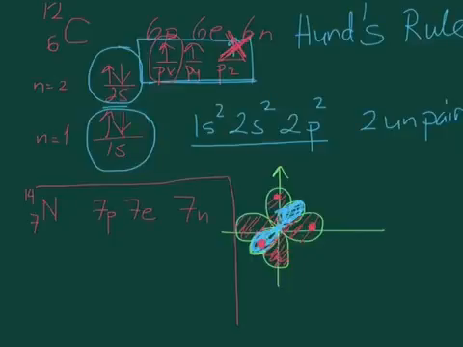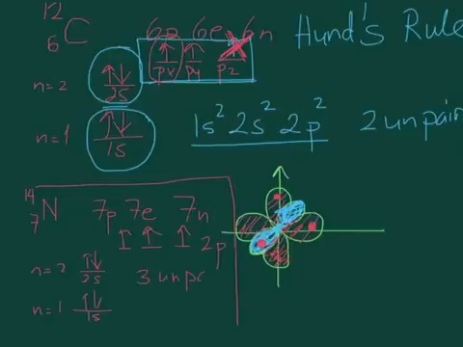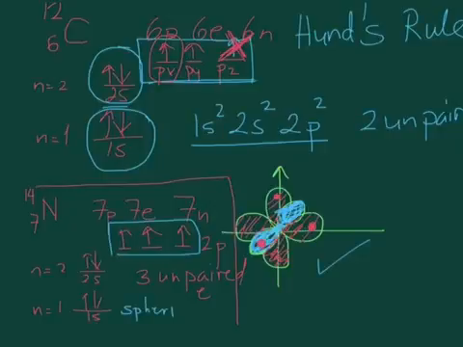Its orbital diagram is n equals 1, 1s, 2 electrons; n equals 2, 2s, 2 electrons. Then, in the same second energy level, in the 2p's, px, py, pz, 1 electron is put in each to fill up the 7 electrons. So nitrogen has 3 unpaired electrons, but because of the even distribution of electrons in the p orbitals, as we can see in the diagram here, it has spherical symmetry.